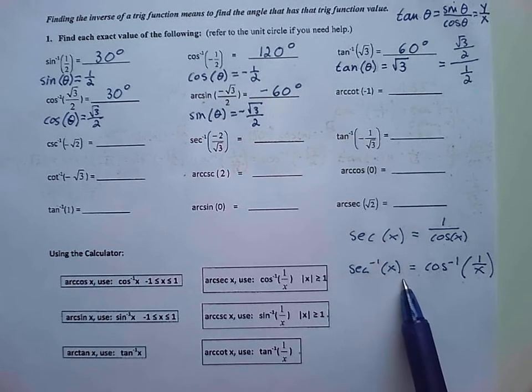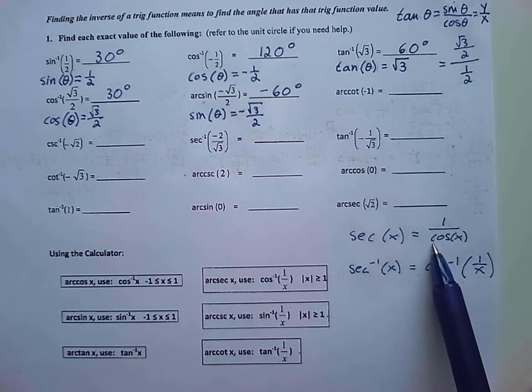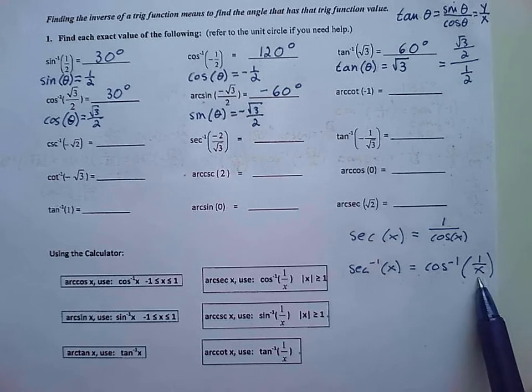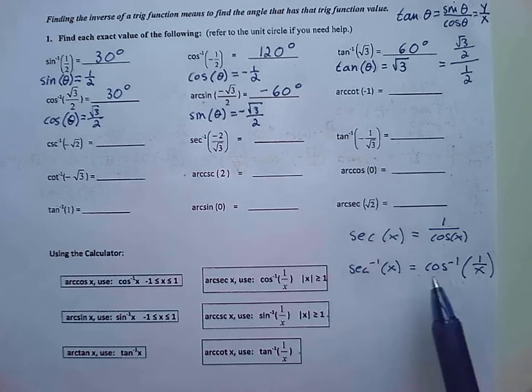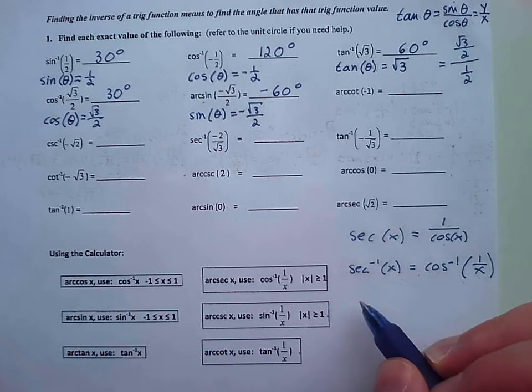So here the notation that we have is that we're not just taking 1 over the arc cosine of x, but instead what we're doing is we're taking the arc cosine of 1 over x. So this right here is really, really important. And we can also do that for the arc cosecant and the arc cotangent.